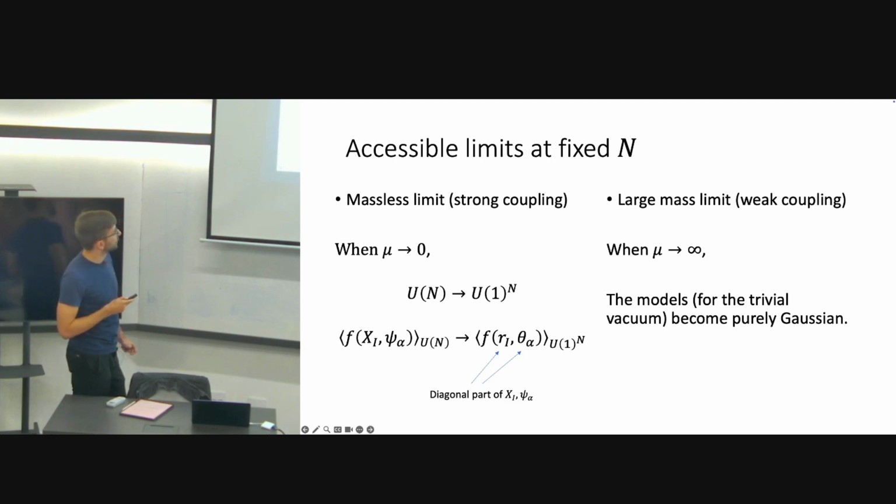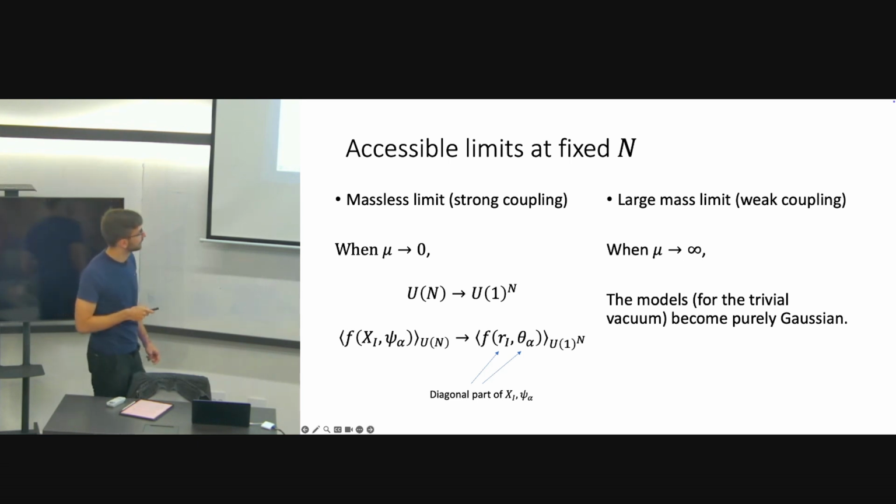Another thing is that for all models that I construct, the massless limit never gives the original pure super Yang-Mills matrix model, the equivalent of IKKT in all dimensions. This is never recovered because the masses are such that if you compute such observables, they all diverge in the massless limit.